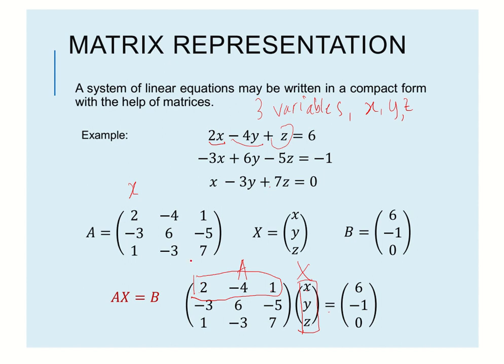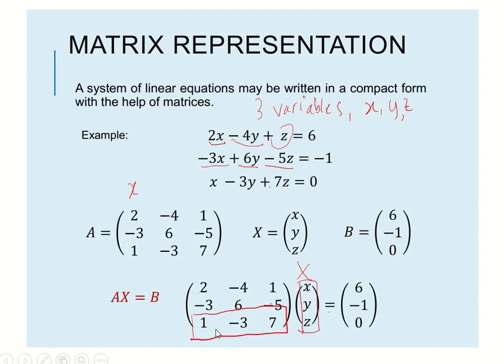Okay, so multiply the second row by the column matrix. It will be -3x, which is this one, plus 6y, and -5z. So we have -5z equals -1. And finally, we take the third row and multiply by the column matrix.